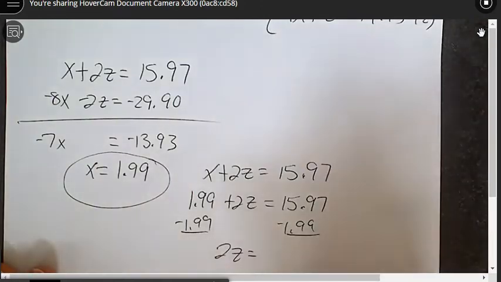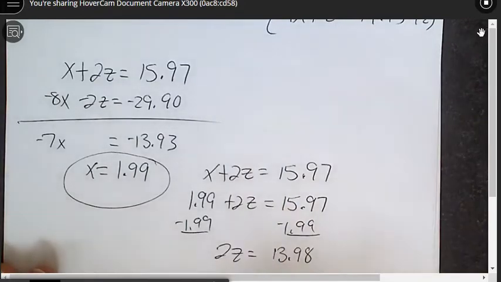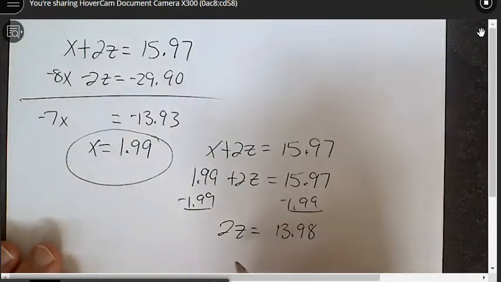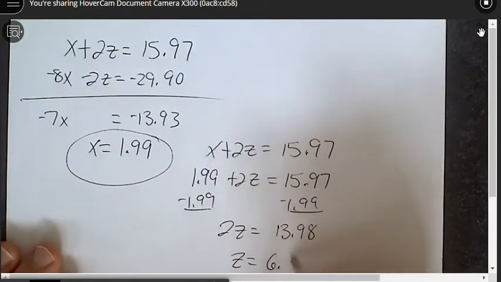It's going to be $13.98. Dividing that by 2, z is $6.99.